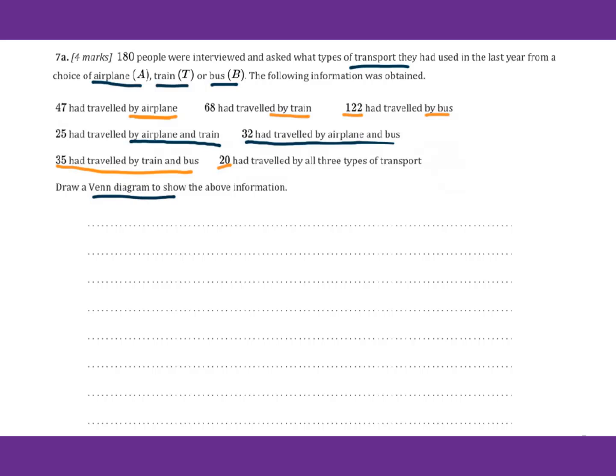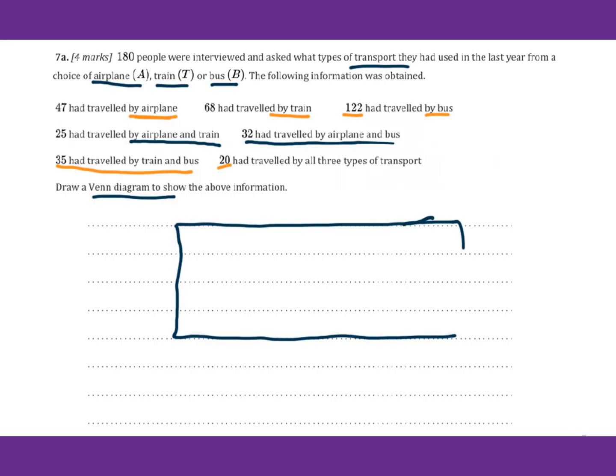For the Venn diagram, you have to draw this rectangle. Then draw 3 circles. From this information, we do know that inside here's a 20.